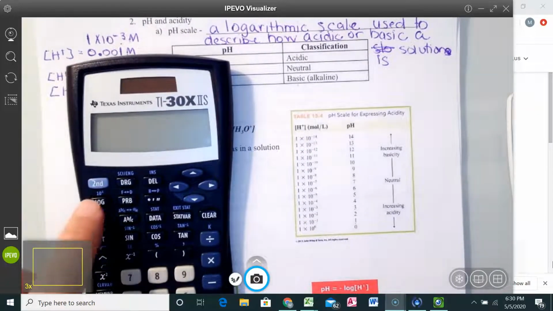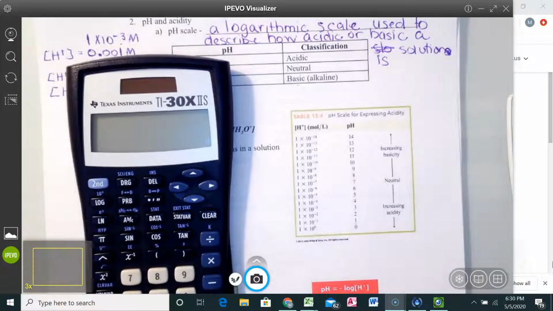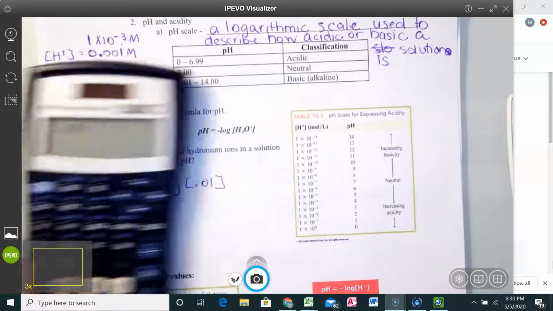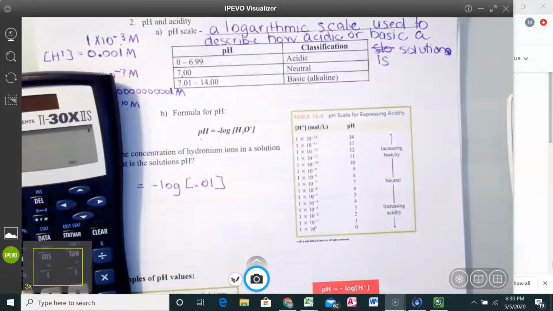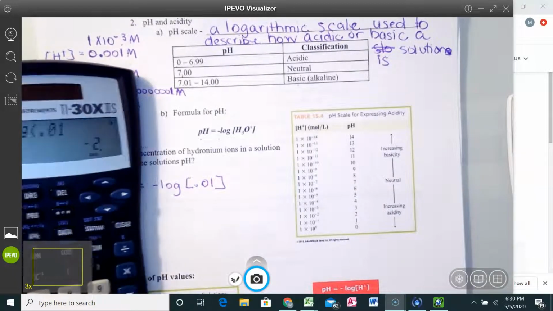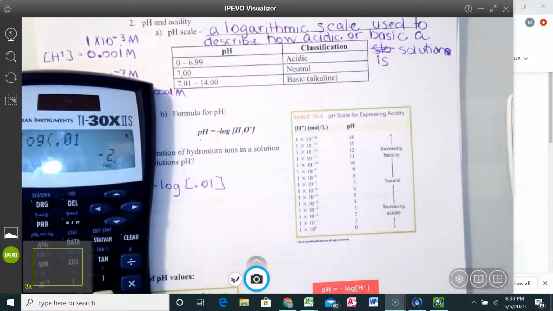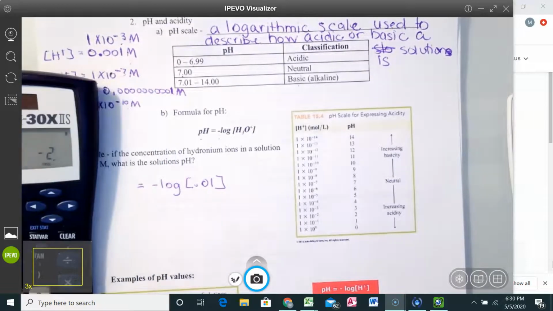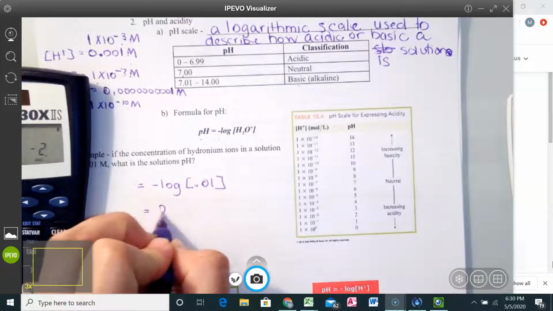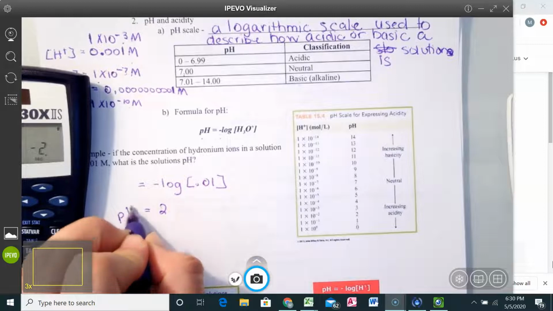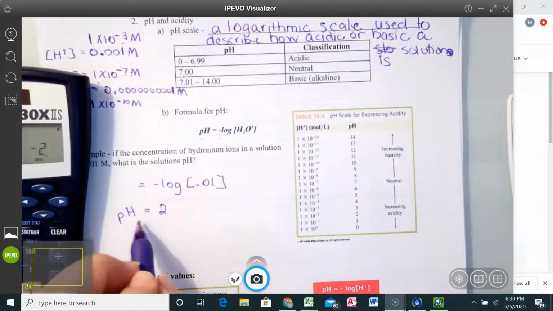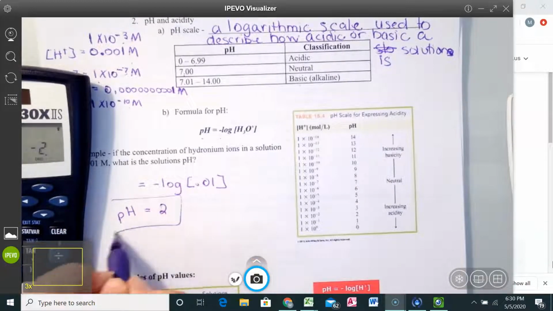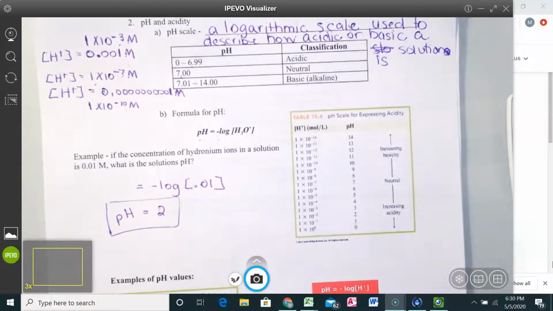I'm just going to take the log, and I could do the negative right away, but I don't need to. The log of 0.01 ends up being negative 2, but because it's a negative log, negative times negative equals positive. This becomes a pH of 2. That H here is representing hydrogen concentration. So again, these are pretty simple, easy to understand equations, I believe.